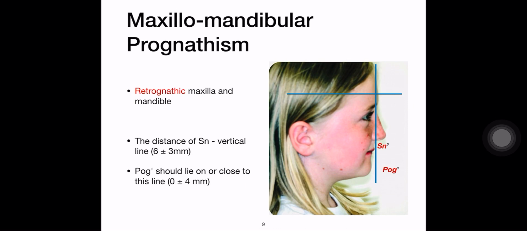The normal value, the distance from the subnasale to the vertical line, should be 6 plus or minus 3 mm, and from the pogonion should be on or close to this line, 0 plus or minus 4 mm. We can see here a retrognathic maxilla and mandible.